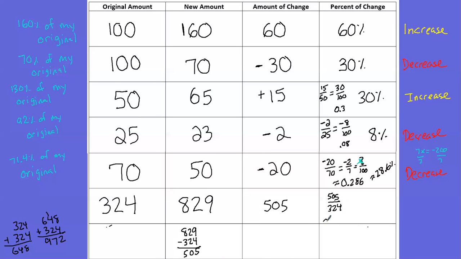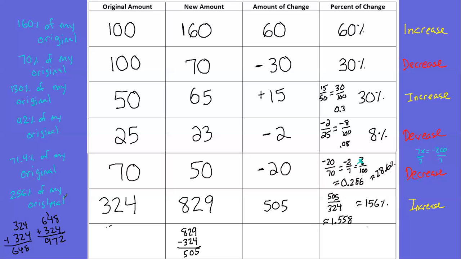So this is about 1.558, which, as a percent, this would be about, we'll round the 8, rounds the 5 up to a 6, about a 156% increase, which means that if I'm gaining 156%, I now have 256% of my original.